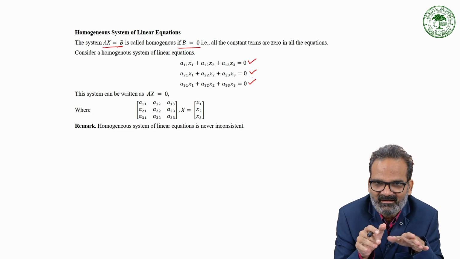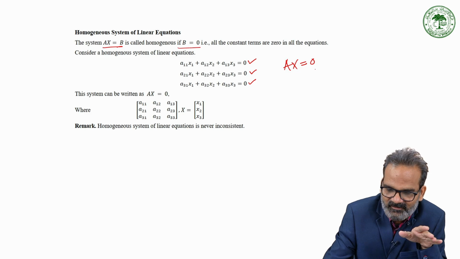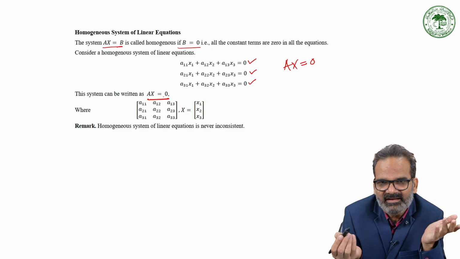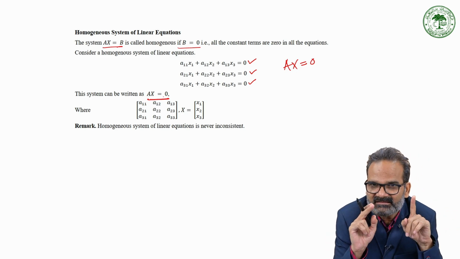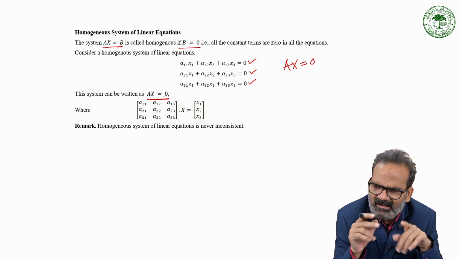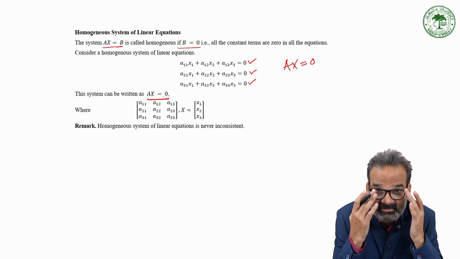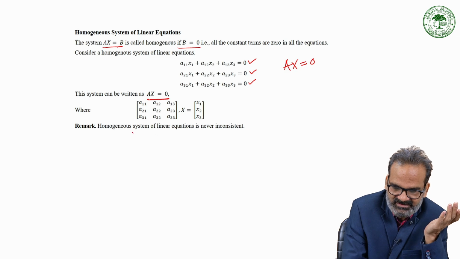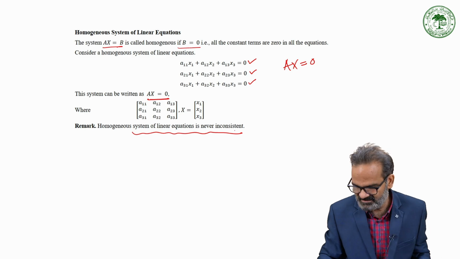As usual, this system can be written as Ax is equal to 0, because b is 0, where A is as usual the matrix of the coefficients of the variables, and x1, x2 and x3 are x, y and z. X is the variables involved in the given equations. A homogeneous system of linear equations is never inconsistent. It is always consistent, right?